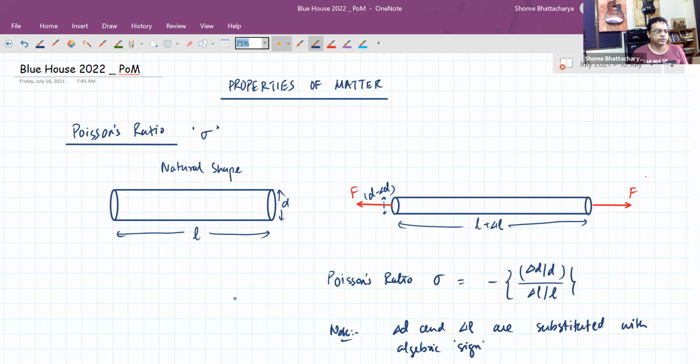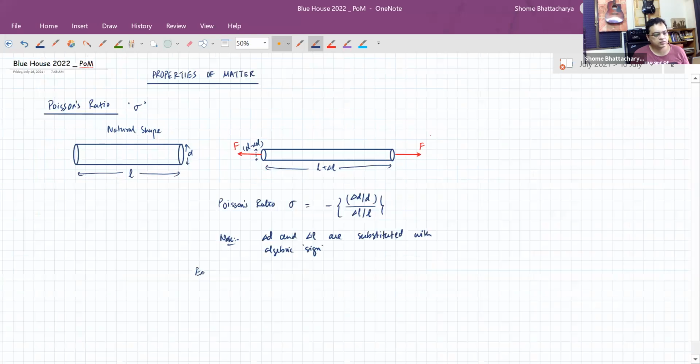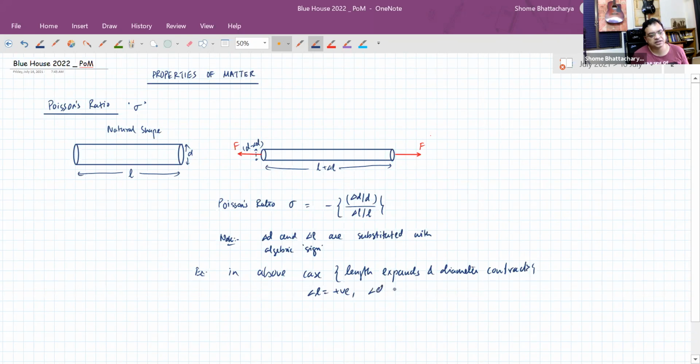So for example, in the above case, length expands and diameter contracts. Delta L will be positive. Delta D will be substituted as a negative quantity. Therefore, the Poisson's ratio is a positive quantity.